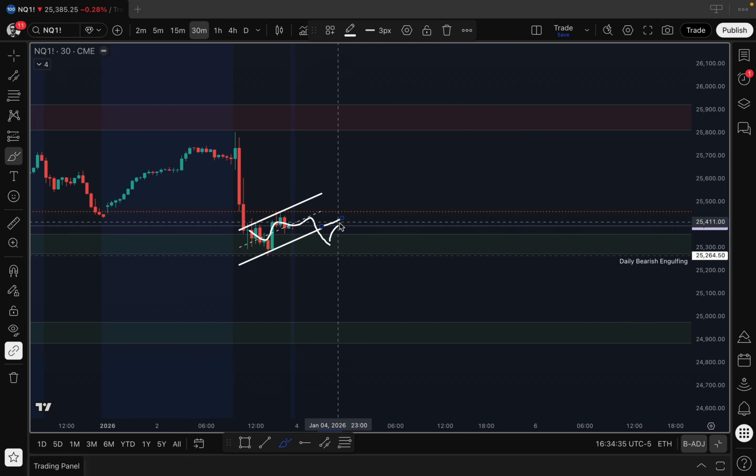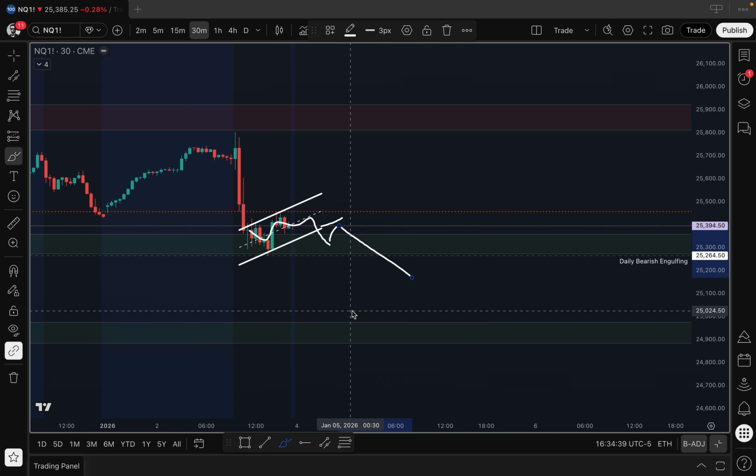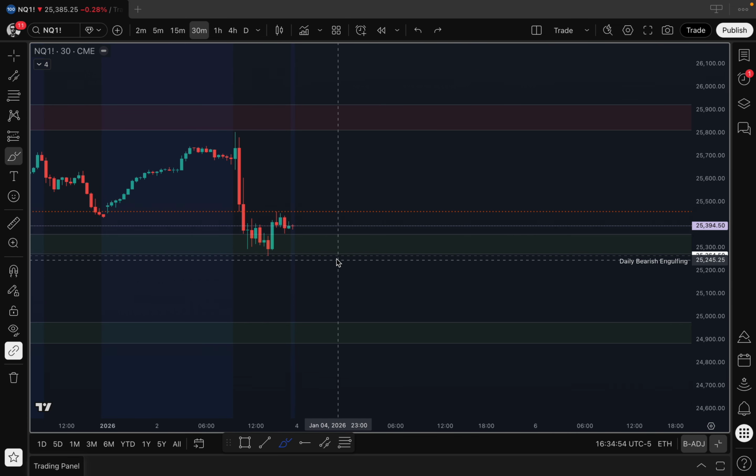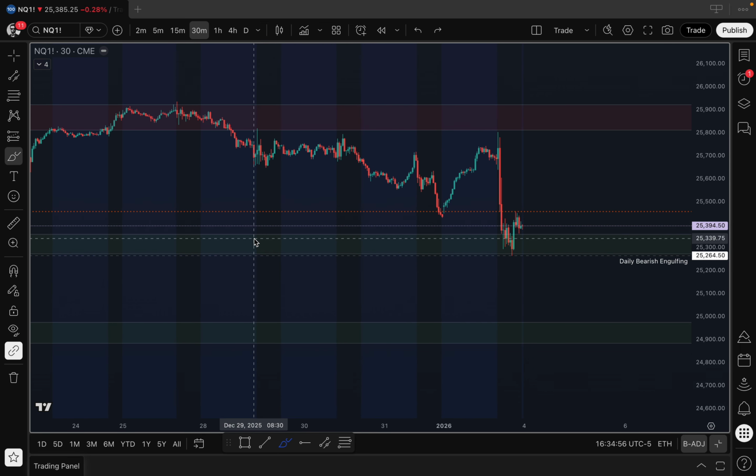Maybe we retest that line here, and then we reject that line to the downside. That is what I'm really looking for. So I'm not looking to jump in early here with a short, right? Because what could happen here? That could easily move back up. Easily move back up. So just want to be careful that you don't want to jump in too early. So that's what we're looking at there.